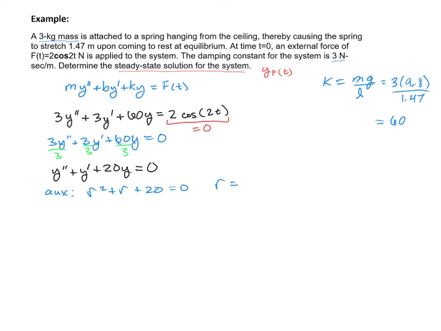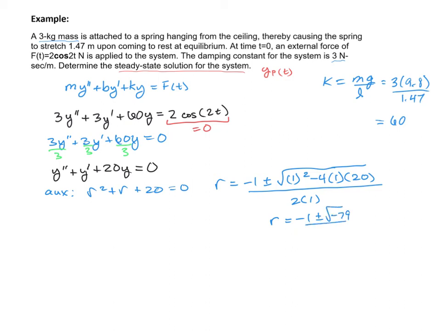So r is going to be equal to -1 plus or minus the square root of 1 squared minus 4 times 1 times 20, over 2 times 1. So r is going to be equal to -1 plus or minus the square root of -79 over 2. So that's -1 plus or minus the square root of 79 times i, and each of those, of course, is divided by 2.